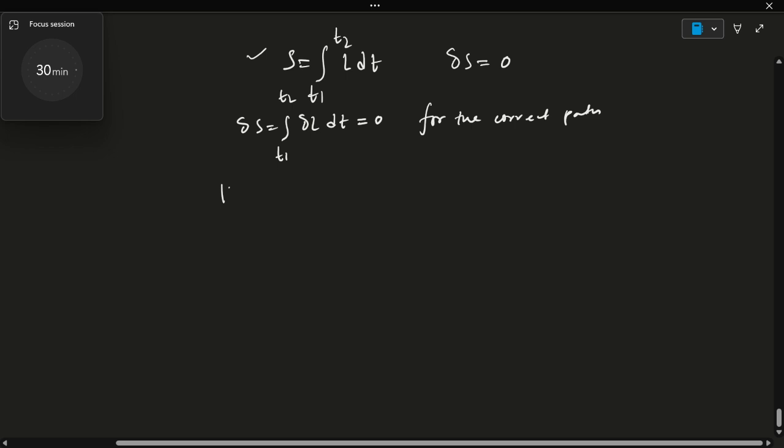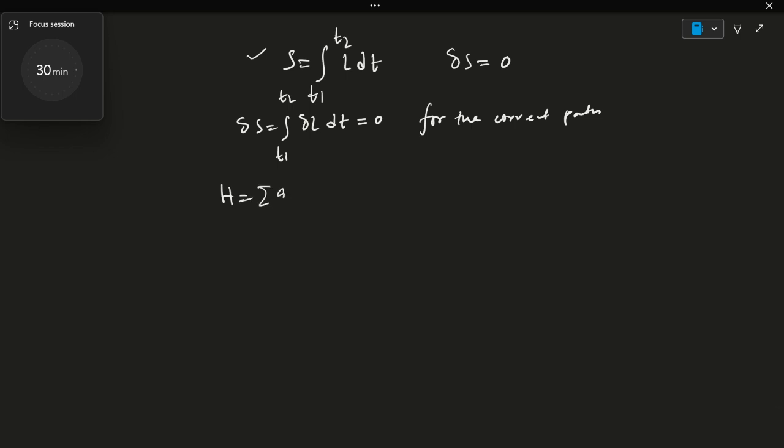Now, what is a Hamiltonian? The Hamiltonian equals q dot p minus L. So L is equal to q dot p minus H, where H is a function of q, p, and t. So in general, if you write the Lagrangian as q dot p minus H, the Lagrangian would be a function of q, q dot, p, and t, and also considering p dot.